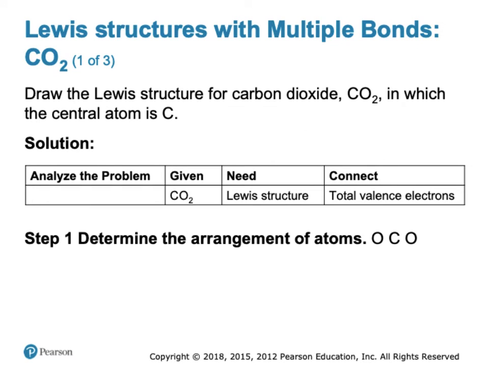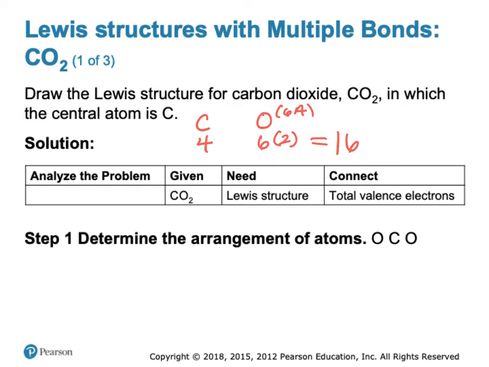All right, so let's draw the Lewis structure for carbon dioxide. So the first thing we need to do is determine the total number of valence electrons. Carbon is in group 4A, so that's 4 valence electrons. Oxygen is in group 6A, so there are 6 valence electrons and we have 2 of them. So our total number of valence electrons is going to be 16. Okay.